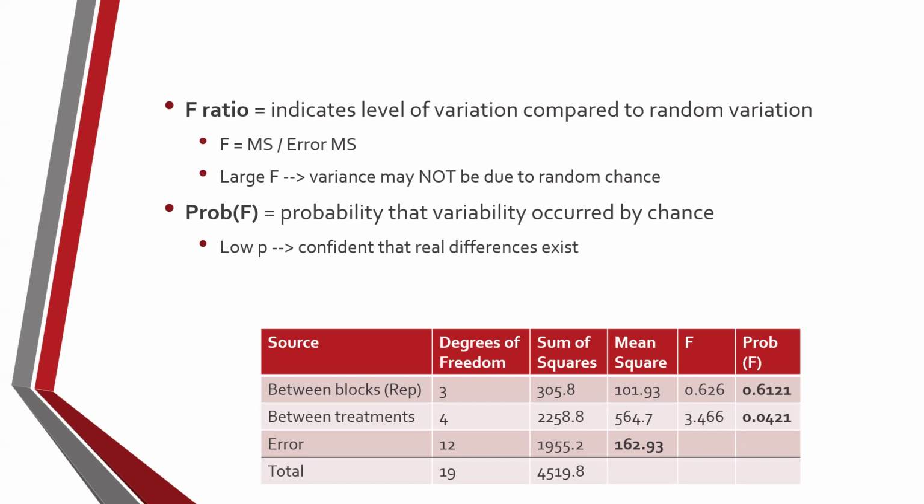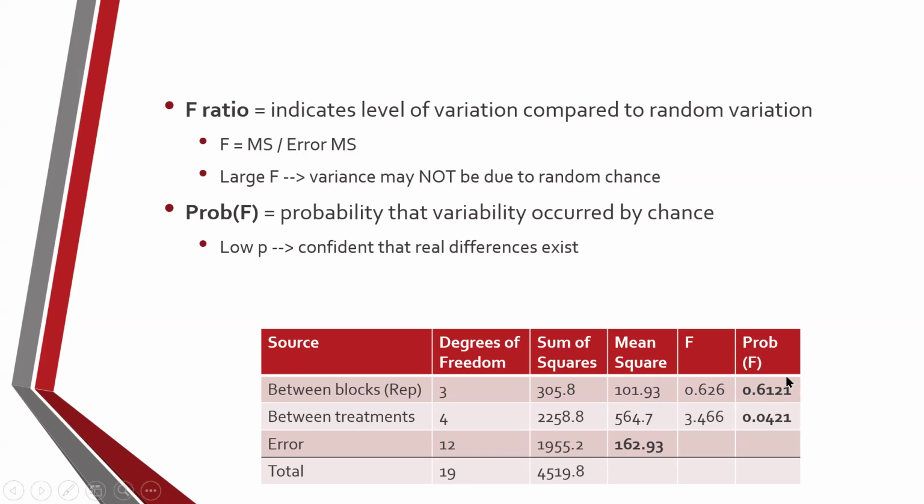So a low p-value would indicate that we have a lot of confidence there are real differences. In this case, we've got 0.04 among treatments. So we have some confidence there. This didn't happen just by random chance.